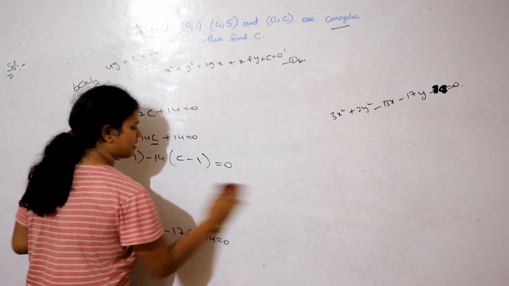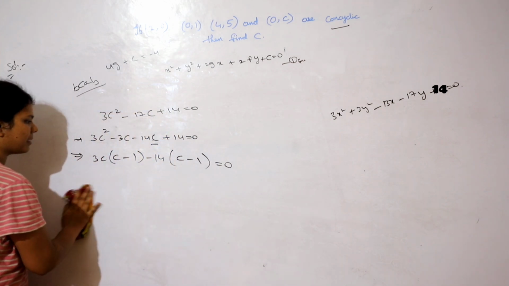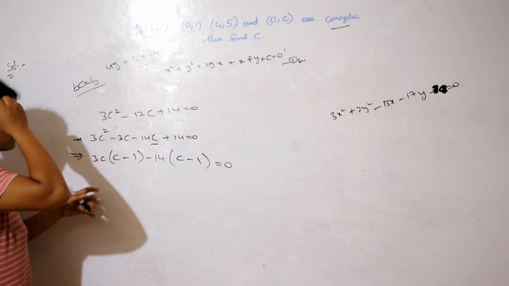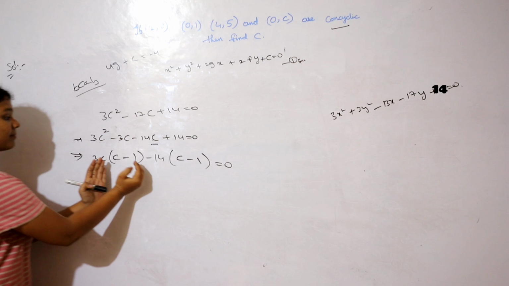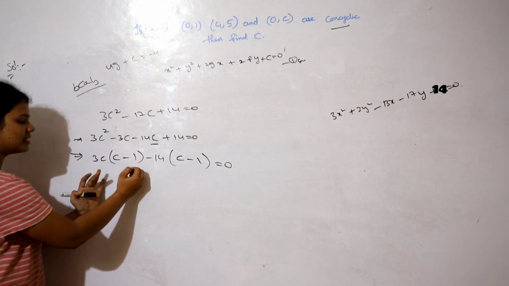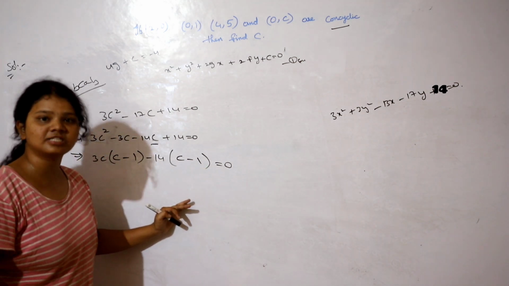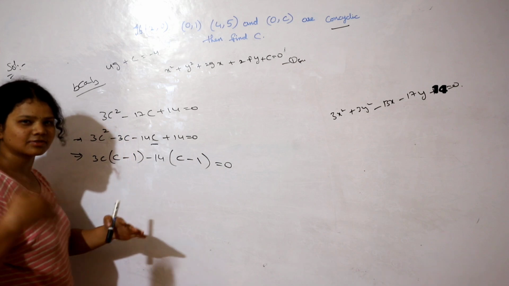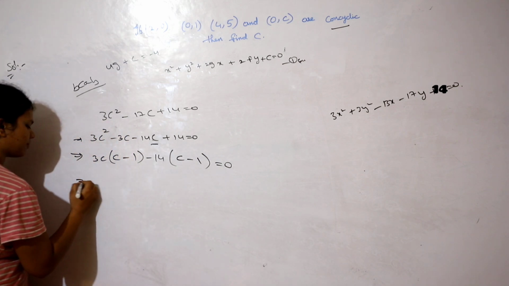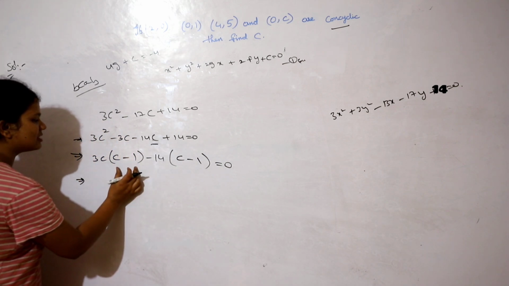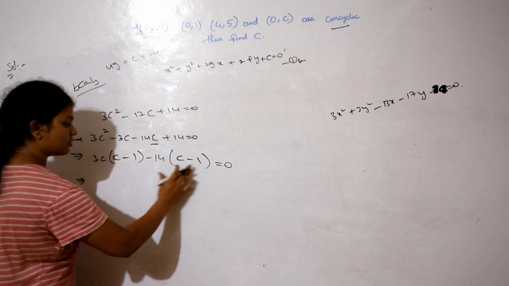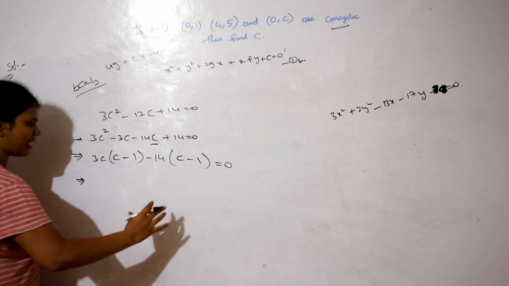Just look at the question first, understand it, and then keep on practicing. Or else, you can also think that in one bracket I got c minus 1, so the other bracket must also be c minus 1. So 3c into (c minus 1) minus 14 into (c minus 1). This is what I got at last.